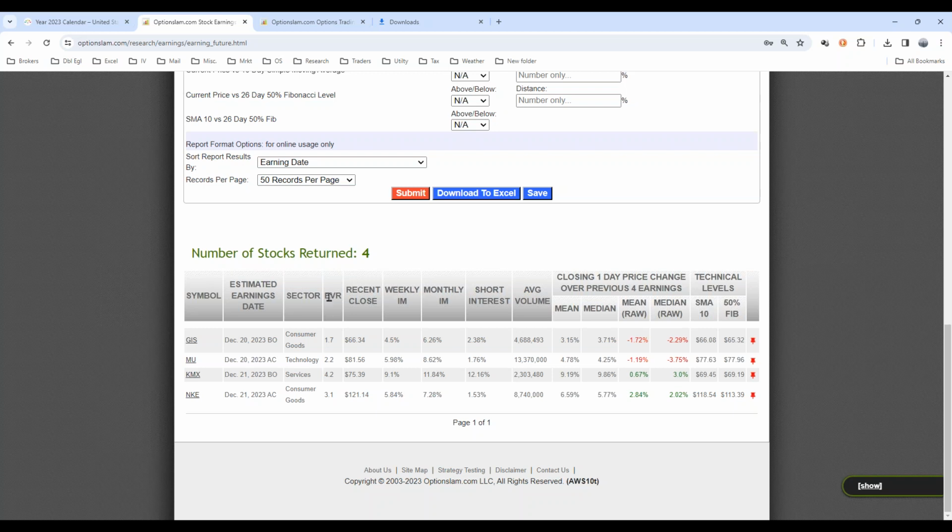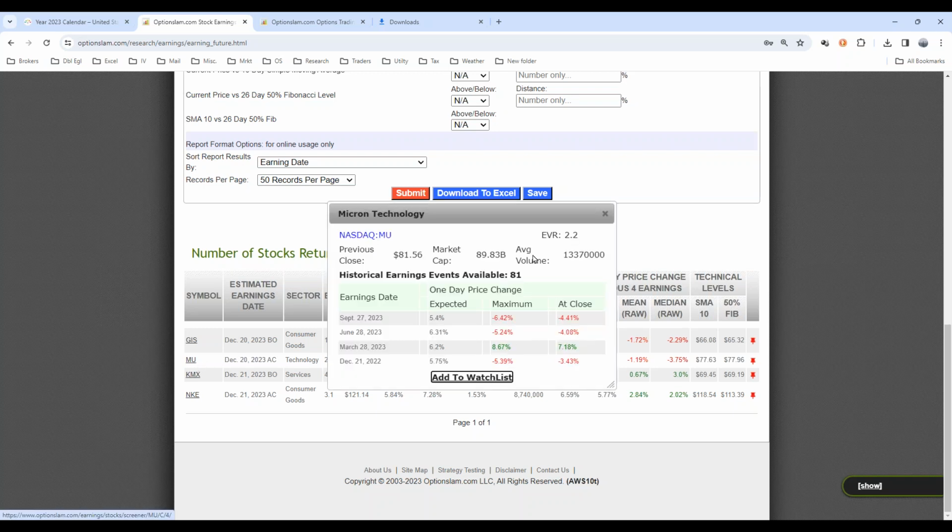Look at EVRs right here in this column. EVR is similar to beta, but different. EVRs run from 0 to 10, so they have a 0 to 10 rating. Low EVR is 0, high EVR is 10, and we have a Micron.